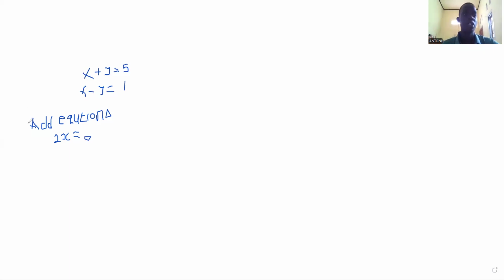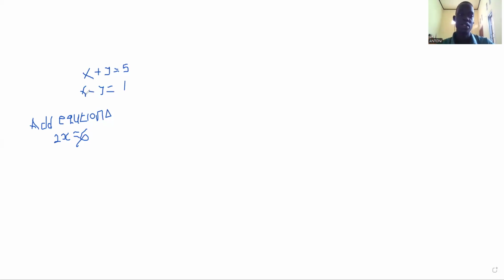Here, 2x is equal to 6, because we add the two equations.